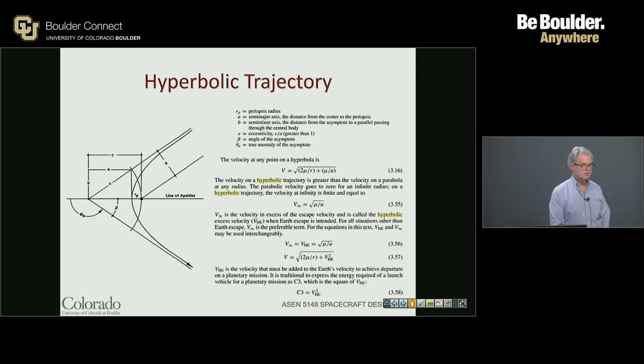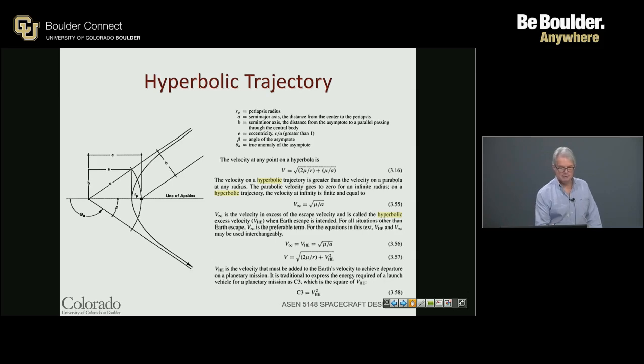If we know what the velocity is, then we can start to look at how the direction and velocity of that spacecraft impact where we're leaving and where we're going.